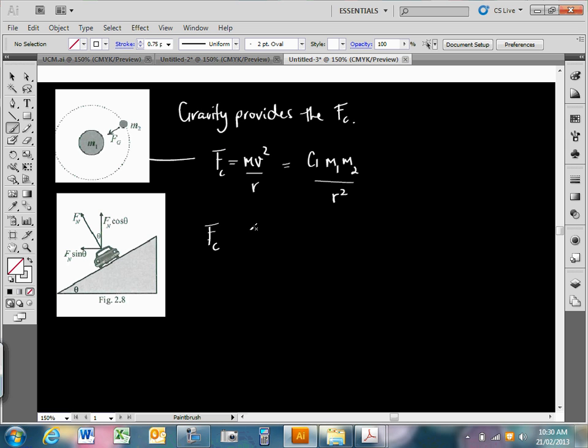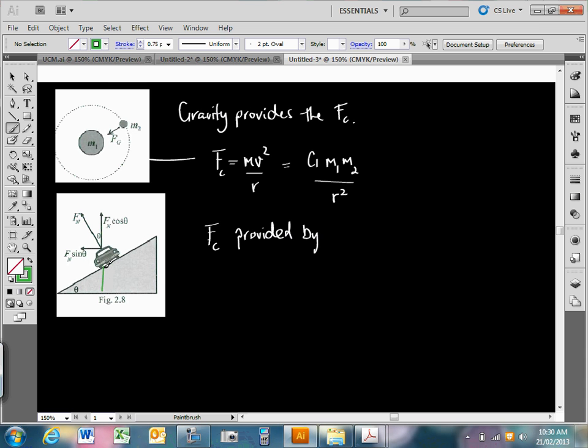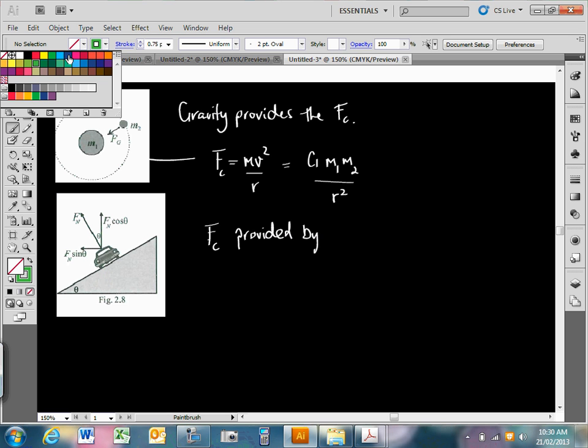Centripetal force provided by, can you see what it's provided by there? Have a look at, there's the normal force. And I could draw in gravity there, couldn't I? If I wanted to. Actually, I'll do it in a different color, the color we usually use, which is, I don't know, red or pink.